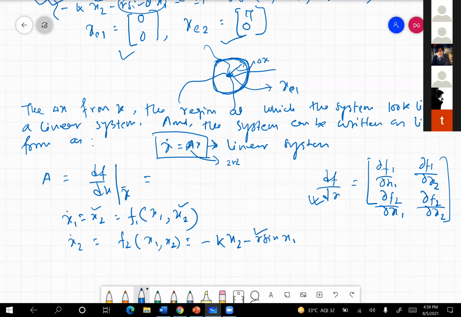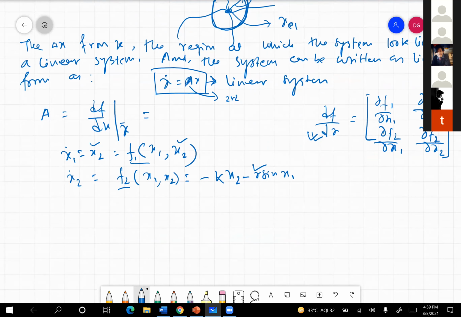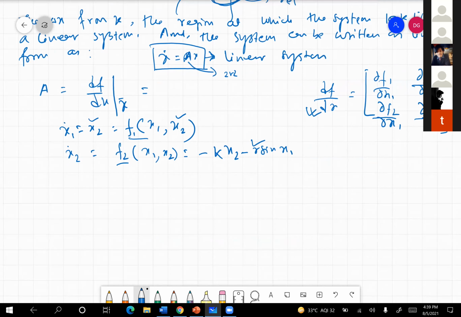Now apply this linearization technique here. After linearizing, we can get delta x dot equal to A delta x.